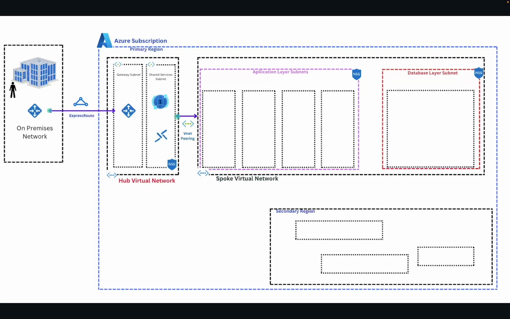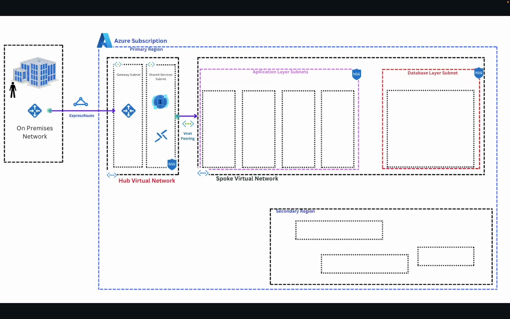So what about the subnets? Should we allow free flow of traffic between the subnets? No. Ideally, only the application subnet resources need to communicate with the database subnet. Hence, we control or filter the flow of traffic between subnets via network security groups. It's called NSG, short form.